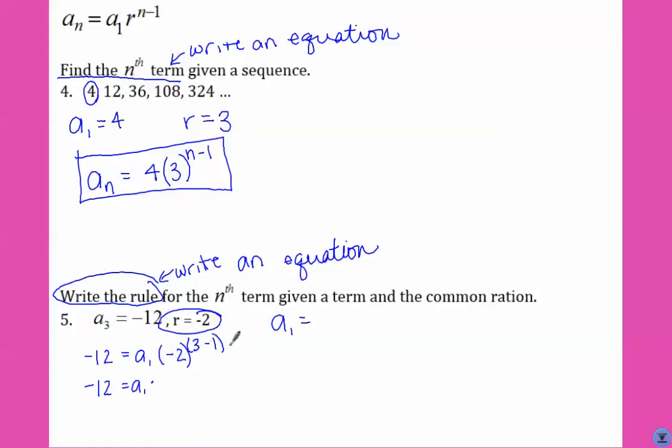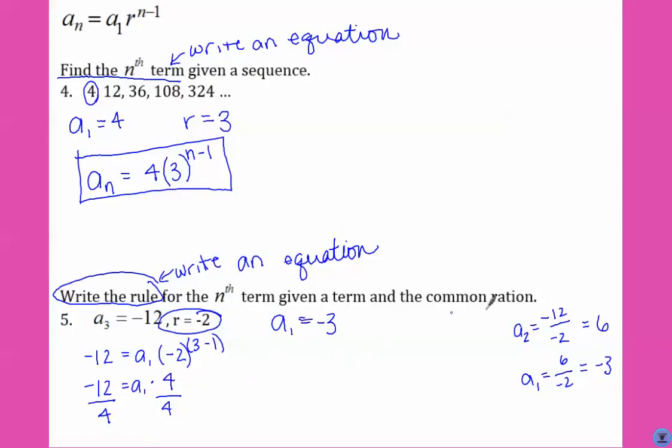Sorry, -2 squared is positive 4. Divide both sides by 4, and we get that the first term is -3. The other thing you could do is, if we multiplied by -2 to go forward, we could divide by -2 to go backwards. So a sub 2 would be -12, and a sub 1 is -12 divided by -2, which is 6, and then 6 divided by -2 is -3.